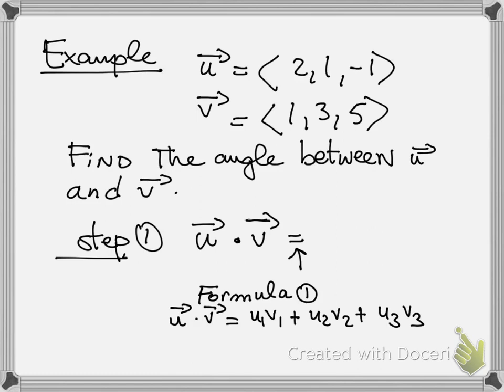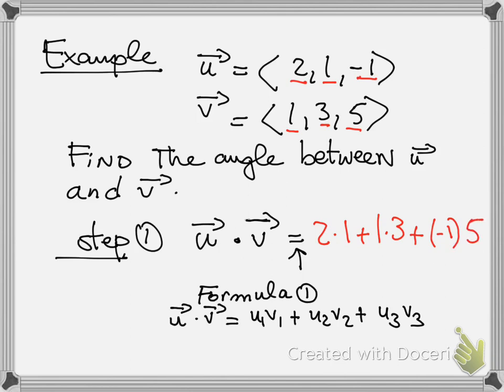So what's u1? u1 is 2, v1 is 1, so that's 2 times 1, plus u2 times v2, which is 1 times 3, plus u3 times v3, where u3 is negative 1 and v3 is 5.